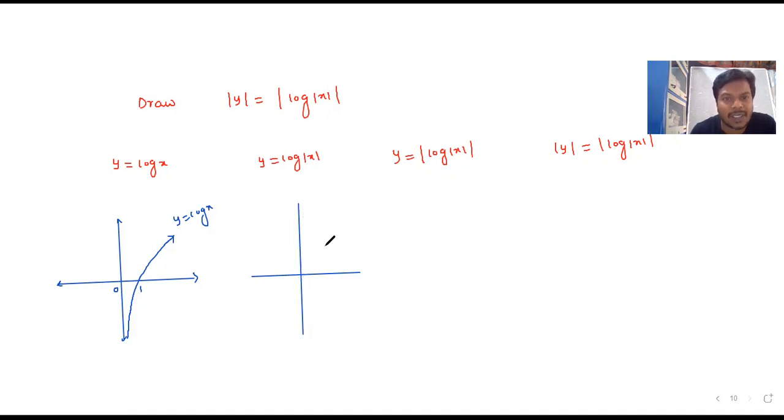So what we get, this is actually y equal to log x, right? For negative values also, if you write, there exist y values. So this is y equal to log of mod x.